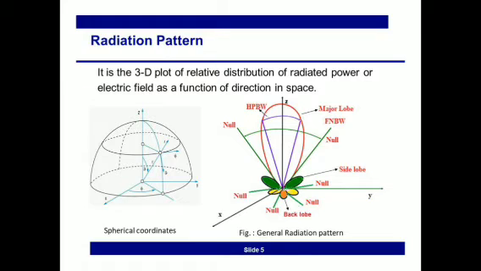Now, there can be two half power beam widths, one for the E plane, another for the H plane. Similarly, there can be two first null beam widths for the E plane as well as for the H plane.